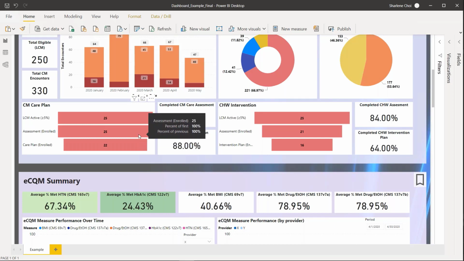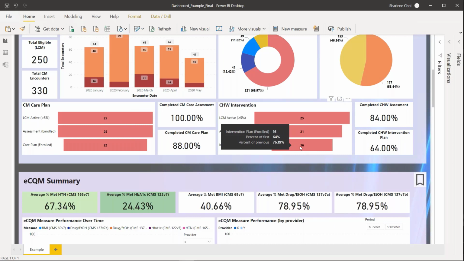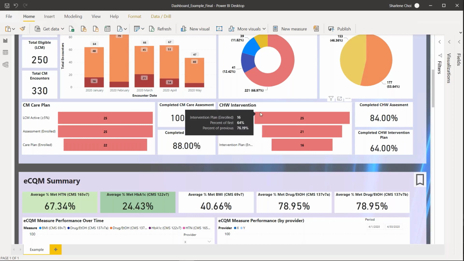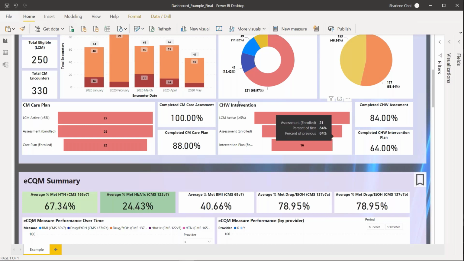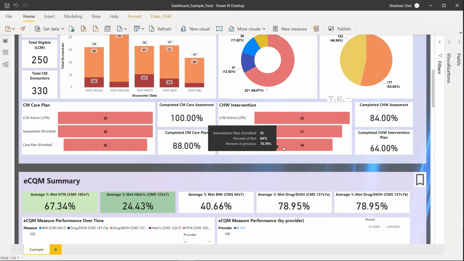The funnel charts here capture the completed assessments and the completed care plans and intervention plans that are in place for patients. What you would like to see here is a less defined funnel, a more rectangular shape as opposed to a more funnel shape, which means you are meeting the needs of your active patient population for longitudinal care management in terms of assessments and care plans.